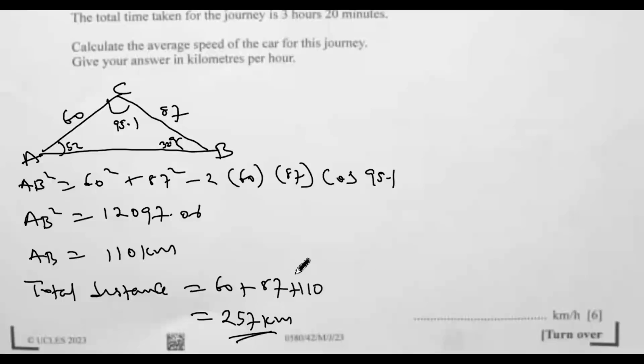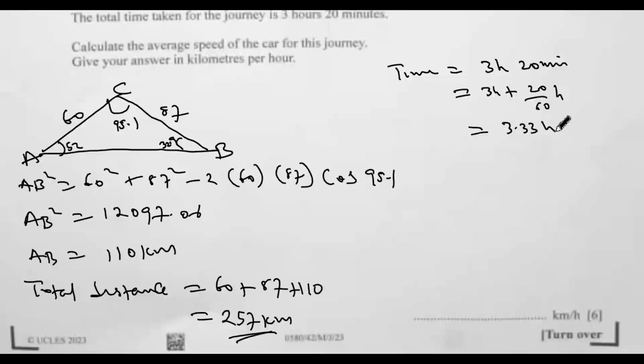Then we know that the time is given as 3 hours 20 minutes. Since the average speed must be in kilometers per hour, we need to convert this to hours. So that will be 3 hours plus 20 divided by 60. That will be in hours now. If you do this, you'll get 3.33 hours.